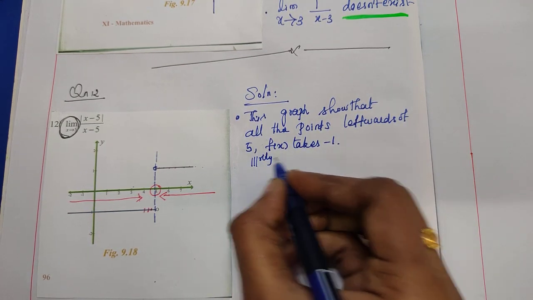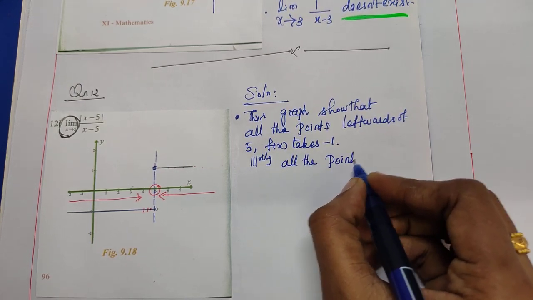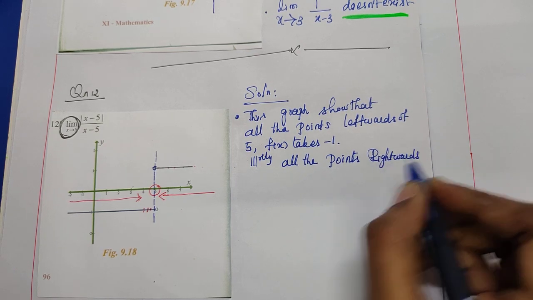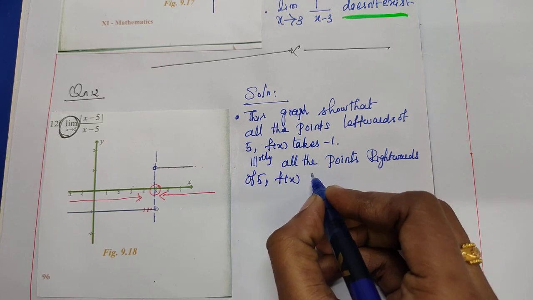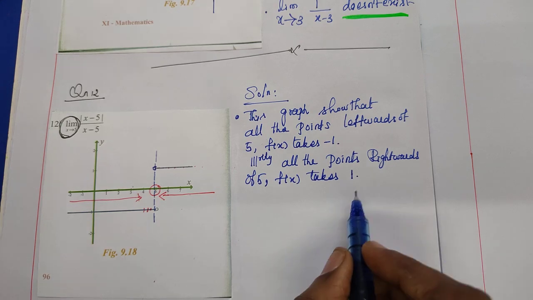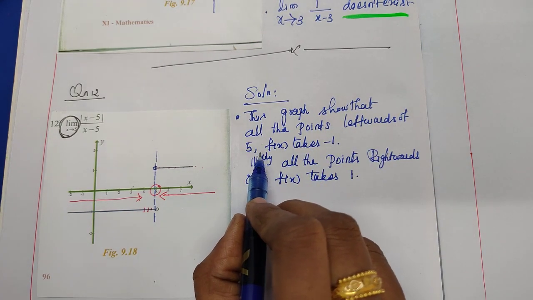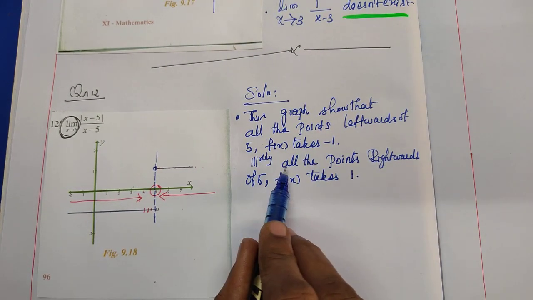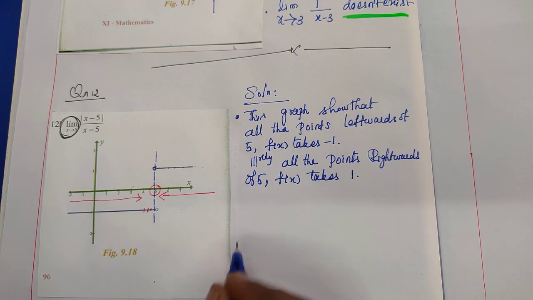Similarly, all the points rightwards of 5, f of x takes plus 1. So, all the points leftwards of 5, f of x takes minus 1, and similarly all the points rightwards of 5, f of x takes plus 1.